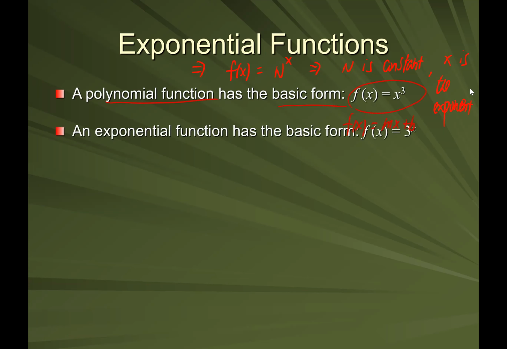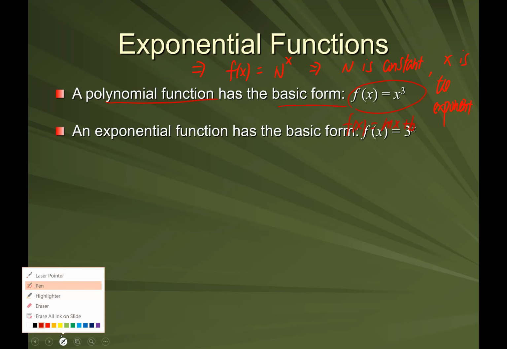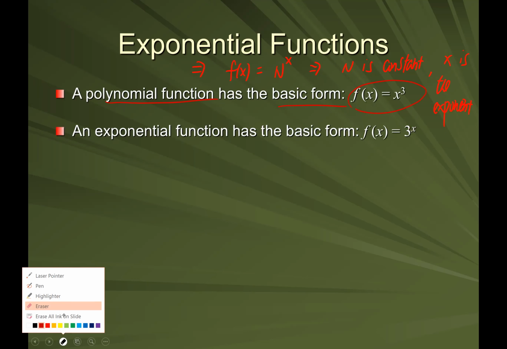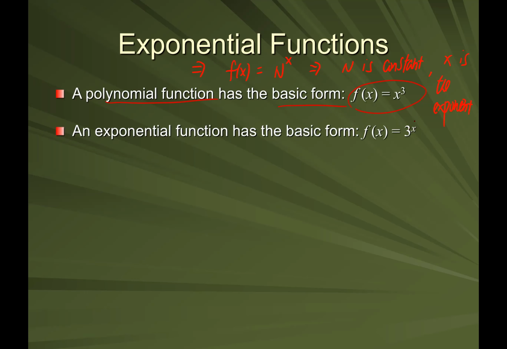And typically, the exponential function will appear in this form. Will appear in f of x equal to 3 to the x. So basically, we're looking at the base as 3, a constant. So 3 here is what we call the base. And x is what we call the exponent.